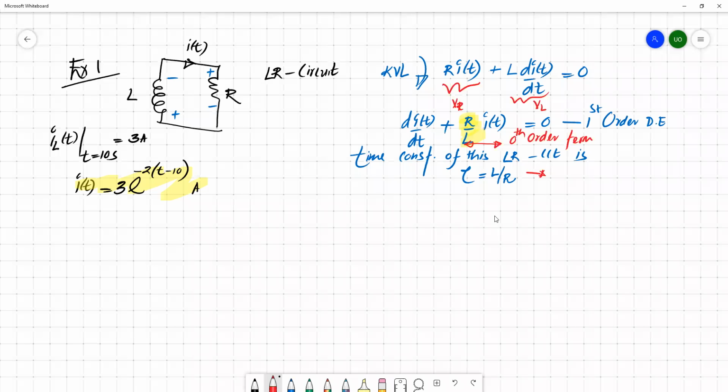It's the reciprocal of the first zeroth order coefficient.